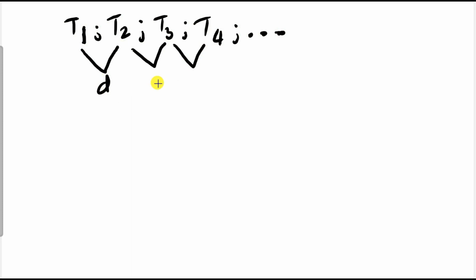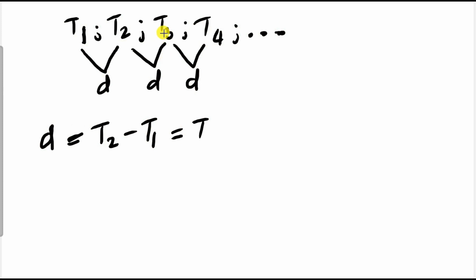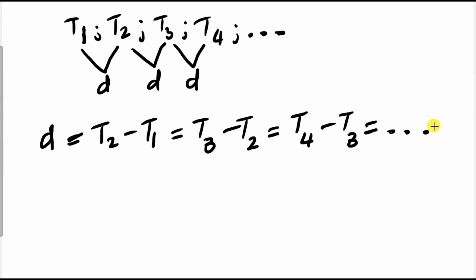So, your common difference is term 2 minus term 1, which is the same as term 3 minus term 2. It's also the same as term 4 minus term 3, and so on. Okay, so this is how you calculate your common difference.